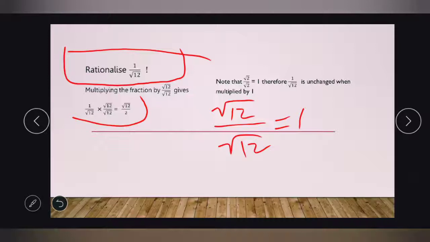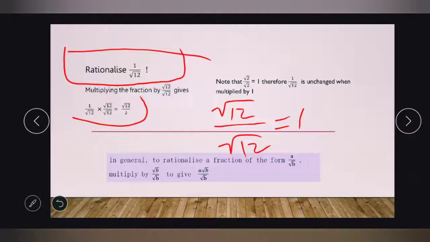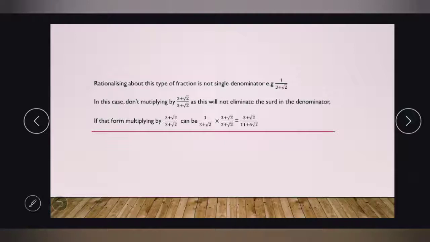Therefore, the fraction is unchanged when multiplied by 1. In general, to rationalize a fraction of the form a over the square root of b, multiply by the square root of b over the square root of b to give a square root of b over b.